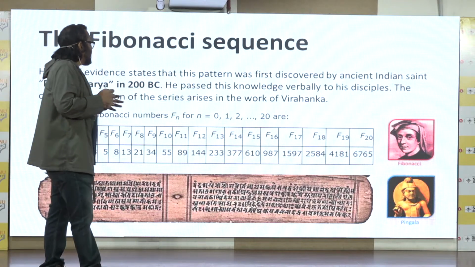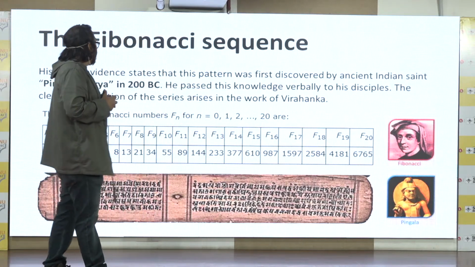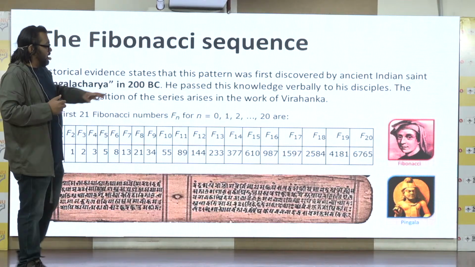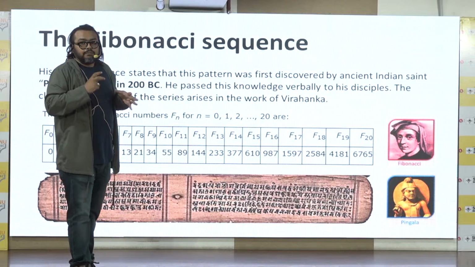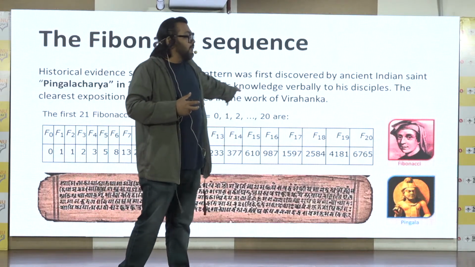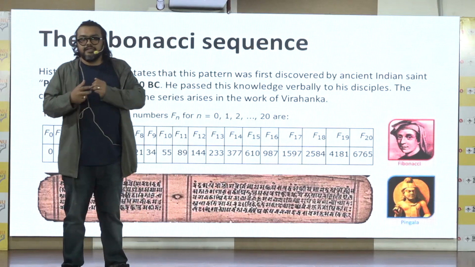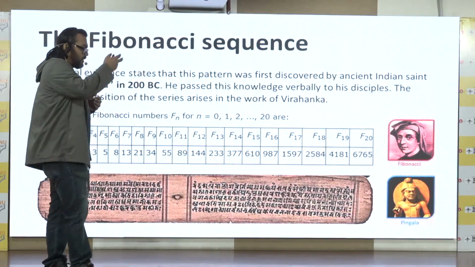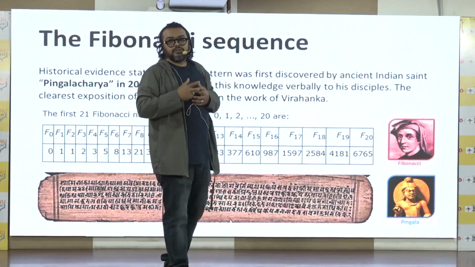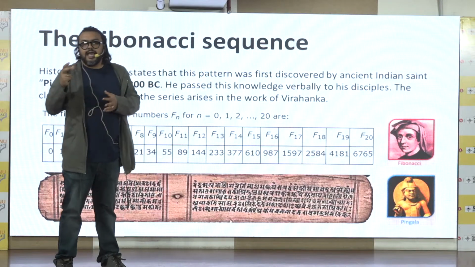Now, you will be astonished, and I was also astonished, when I found that they have come to this understanding with Pingalacharya. Pingalacharya didn't actually find the Fibonacci series, but he had an understanding that if we create one number after the other, we can create a sequence which might lead to a ratio which is visually appealing.